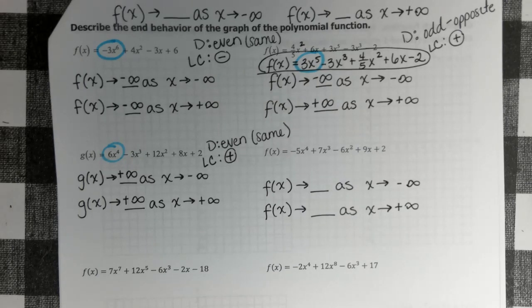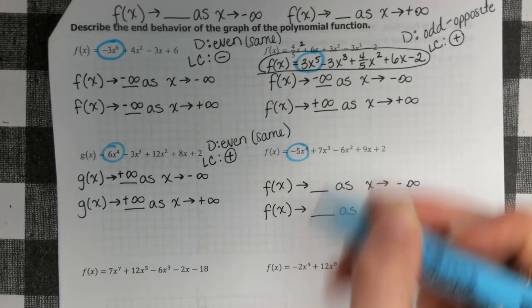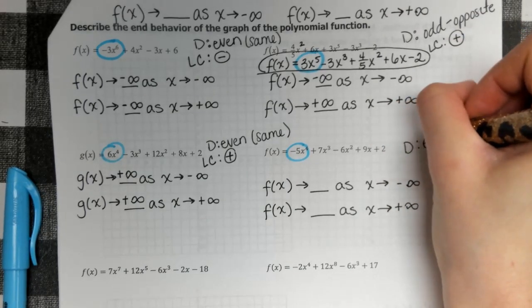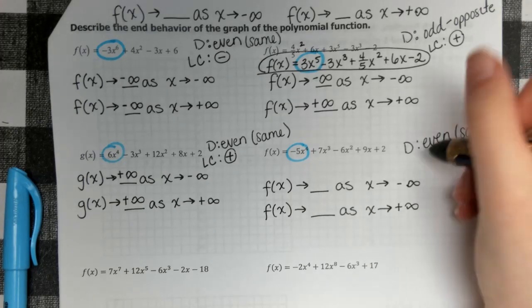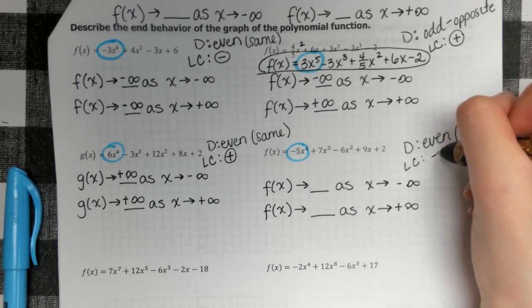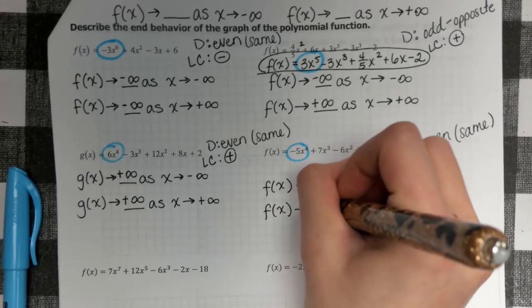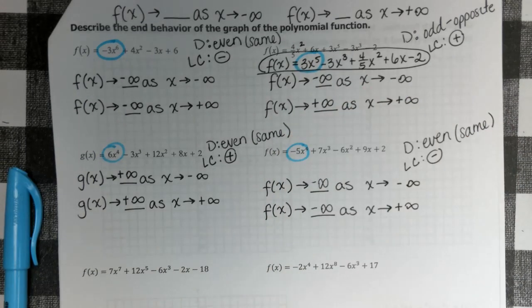Yes. Okay, what term am I looking at? -5. Okay. My degree, even or odd? So what does that tell me? It's my leading coefficient. So where's it going to end? Where's it going to start? Okay, I want you to do the next one.